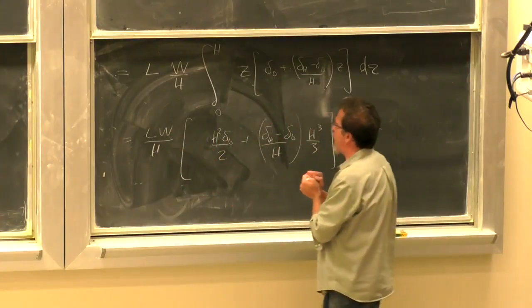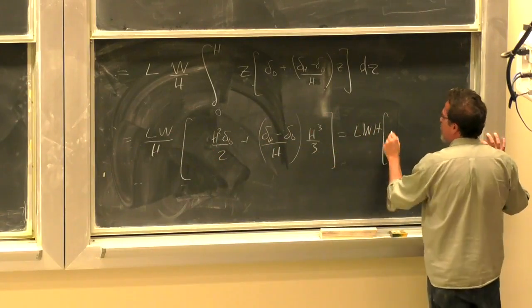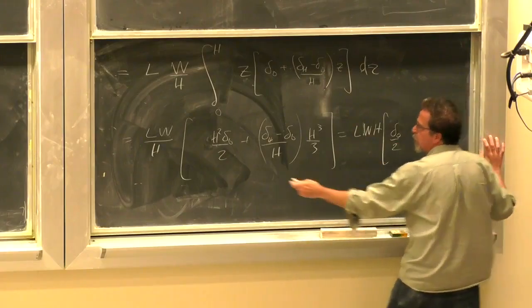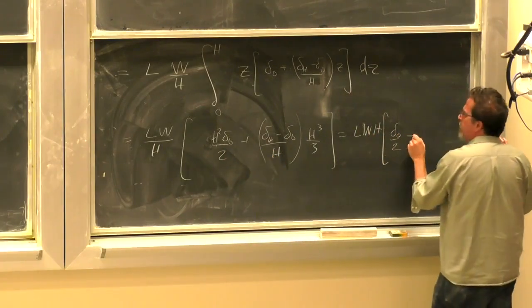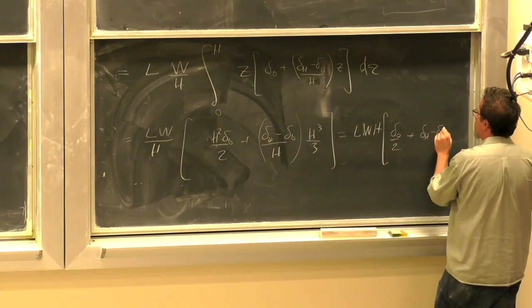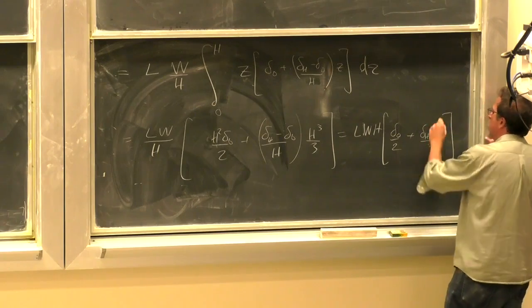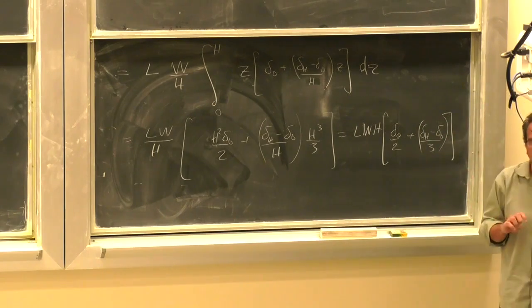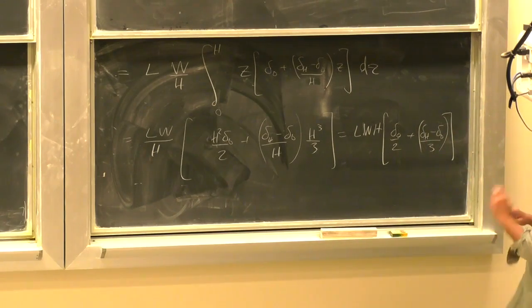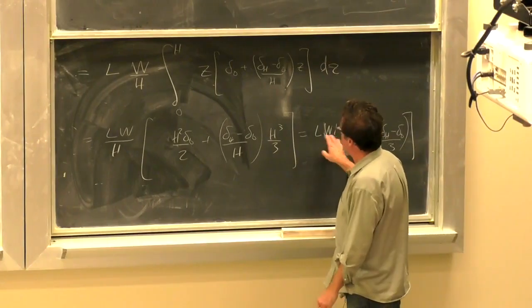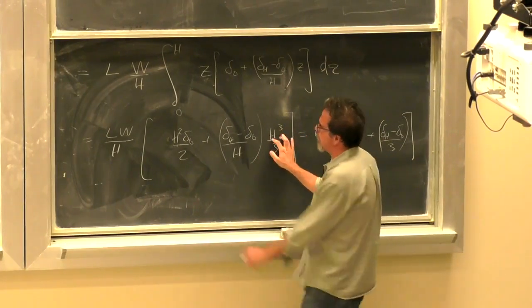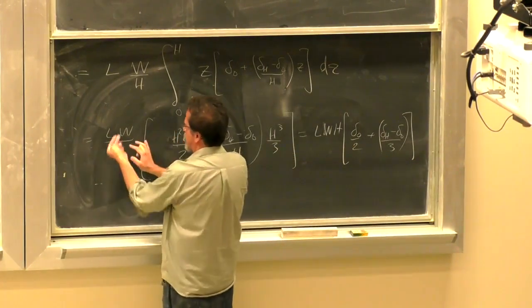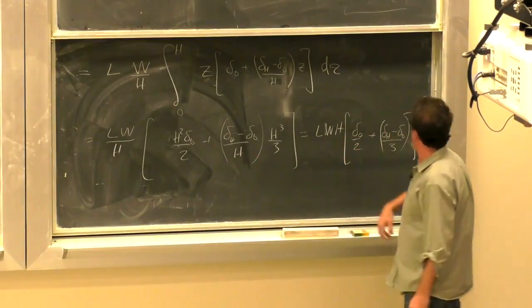It's going to cancel 1 power of h. And then I'm going to have a delta 0 over 2 from here, plus delta h minus delta 0 over 3. Okay, I think you might have seen something like that before. Why? Well, this is h cubed divided by h is an h squared, which is common to both, comes out, cancels an h. There you go.